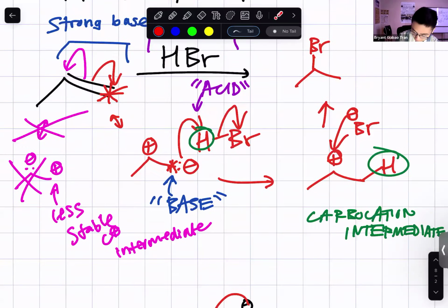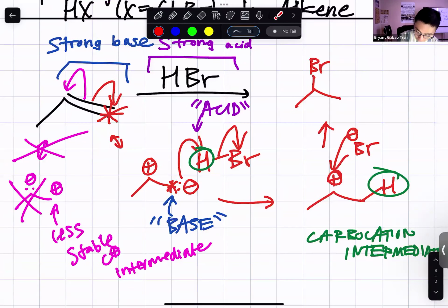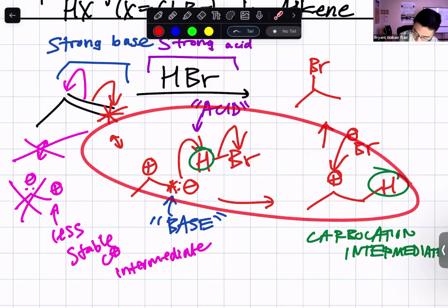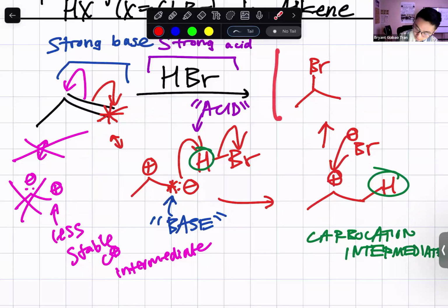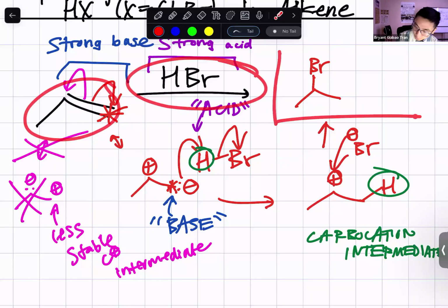But I have to draw out the intermediates and stuff. You don't have to draw out these intermediates if it was just a predict-the-product problem. So if the problem was asking you to predict the product of the following reactions, and she gave you this reactant and reagent, you just draw what is in that box right there, the final product.